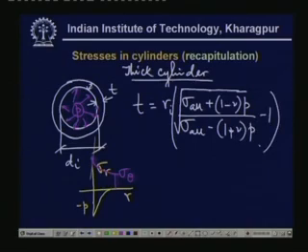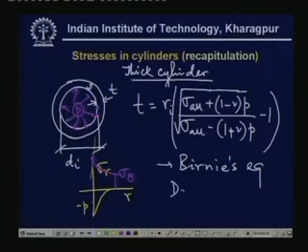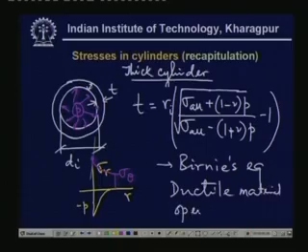So, this is the thickness, and this comes from Bernoulli's equation, and this is valid for ductile material and open-ended cylinder.